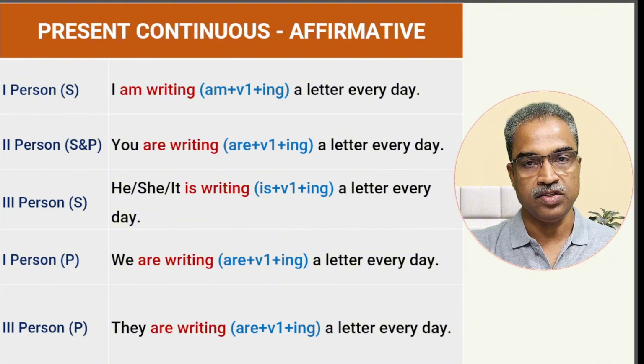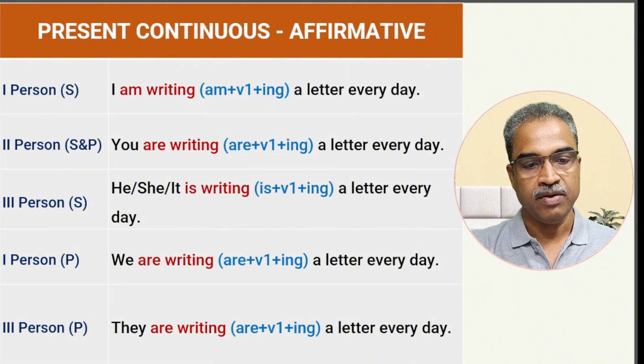Always ing, continuous tense. In every continuous tense, we need to use the root form of the verb with ing. So, it is always he is writing. My father is writing. She is writing. My mother is writing. It is writing. The pencil is writing, if at all I am to say that. So it goes like this.